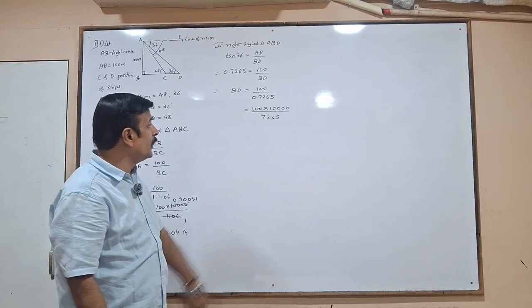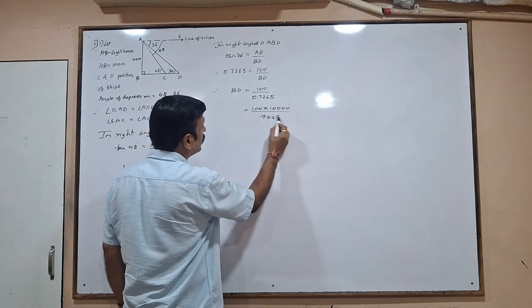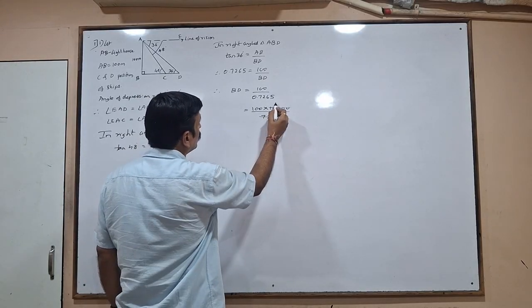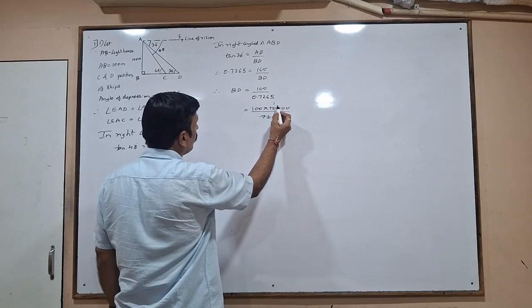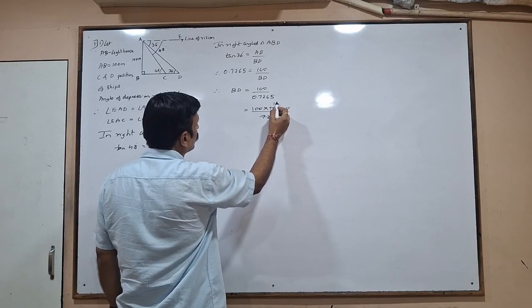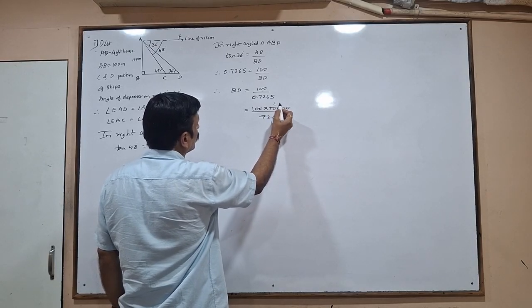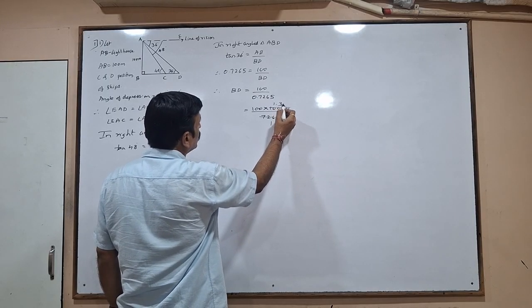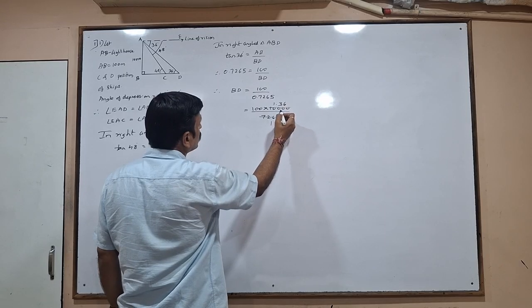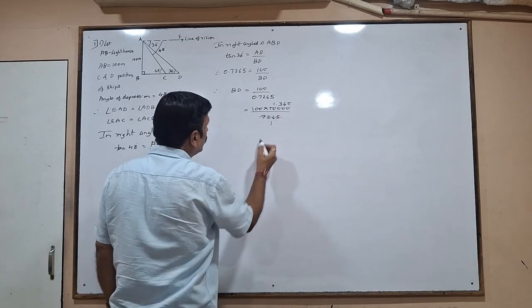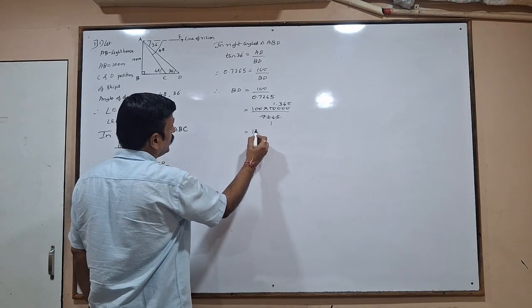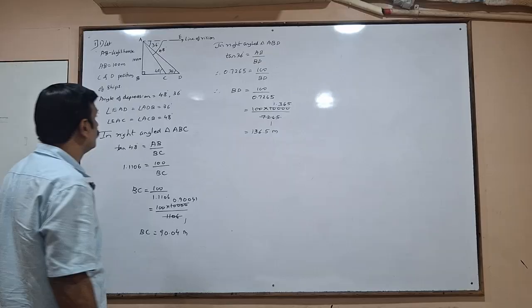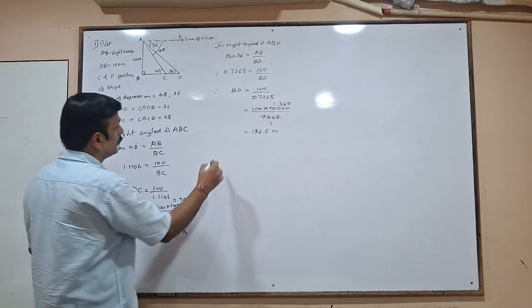Now the calculation part. We get BD as 136.5 meter.